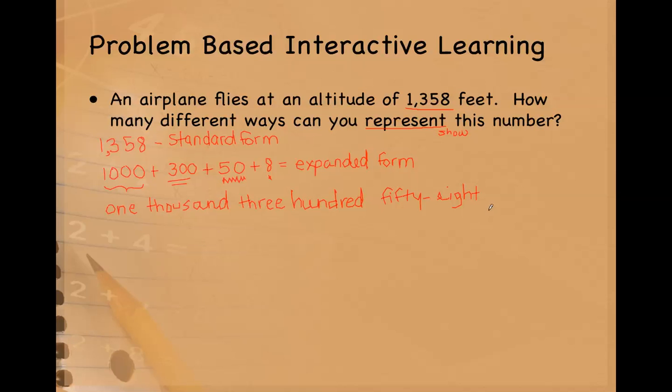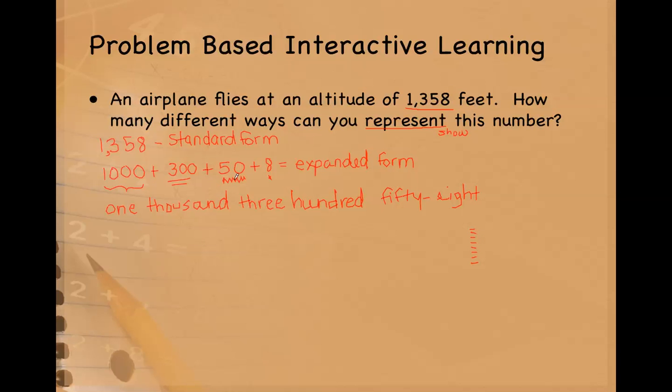And the last way I can represent this number is using place value blocks. If I use blocks, I can represent each place in this number. So for 8, I'm going to use little tick marks. 1, 2, 3, 4, 5, 6, 7, 8. And those are going to be my units, my ones.